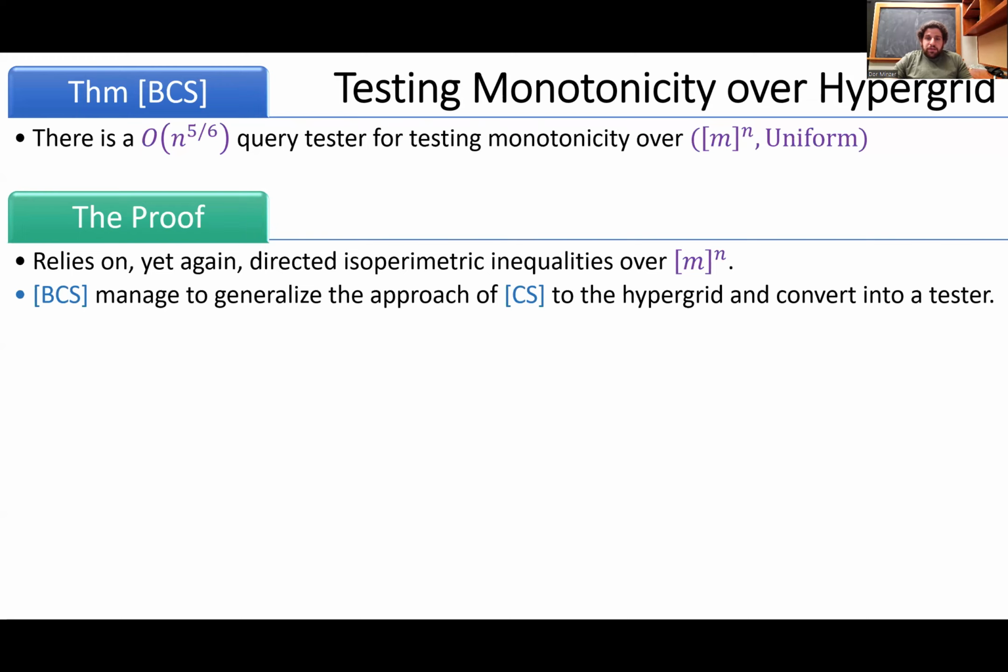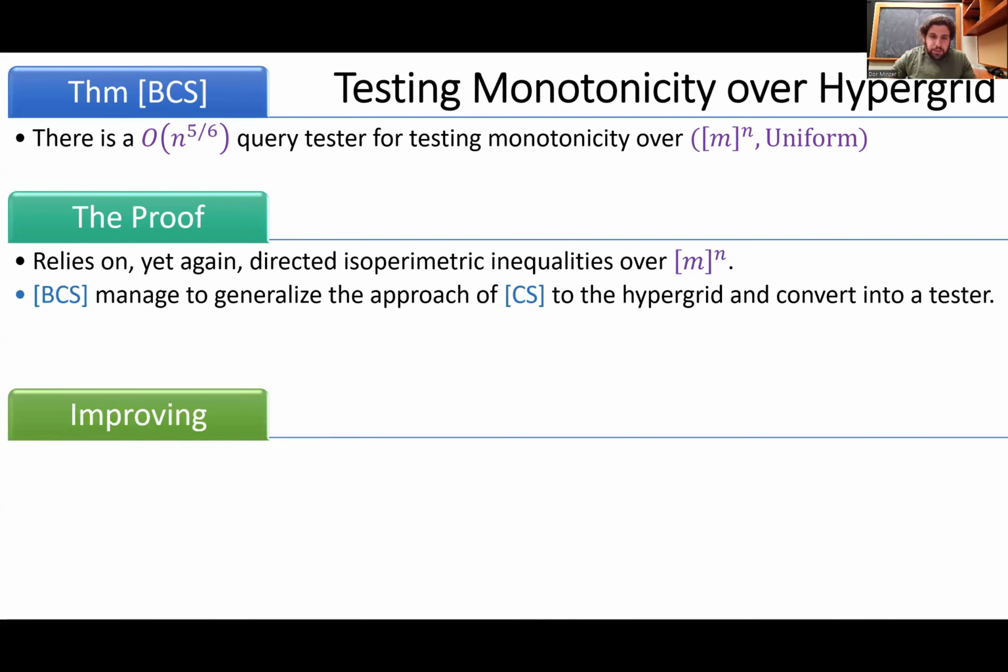More specifically, they generalized the Margulis-type isoperimetric inequality due to Chakrabarty and Seshadri, and then converted it into a tester in the same way. So the real novelty here is that they managed to prove the isoperimetric inequality over the hypergrid, and this is really non-trivial. It's not the same proof, but you need to do some other things.